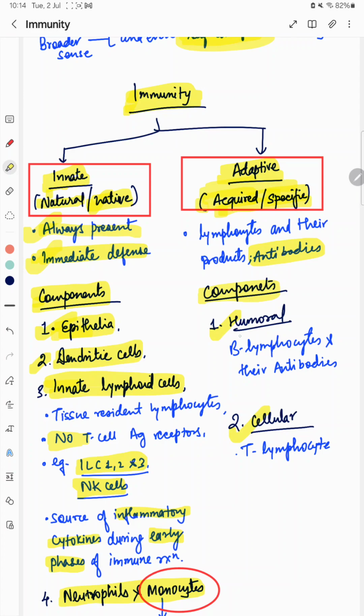This is broadly divided into humoral and cellular immunity. In humoral immunity, B cells play an important role. B cells produce antibody after exposure to a particular antigen, and this results in the immune reaction. In cellular immunity, we will discuss the role of T lymphocytes.